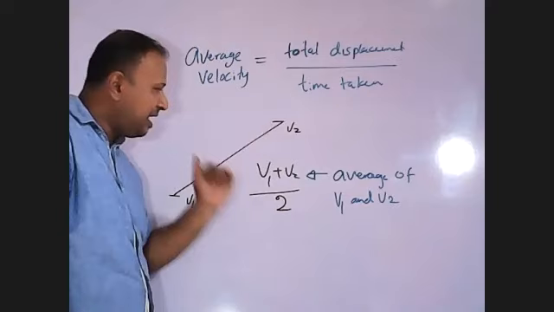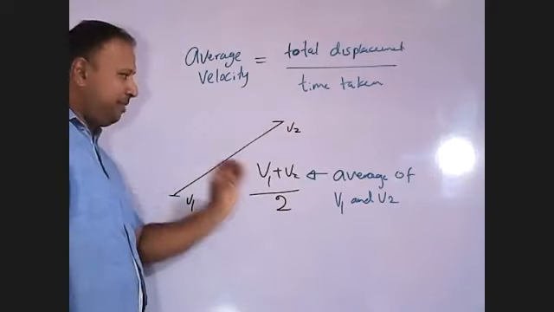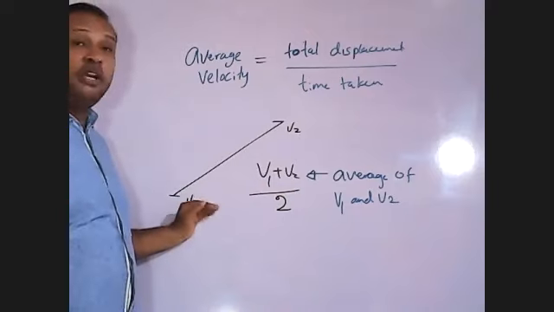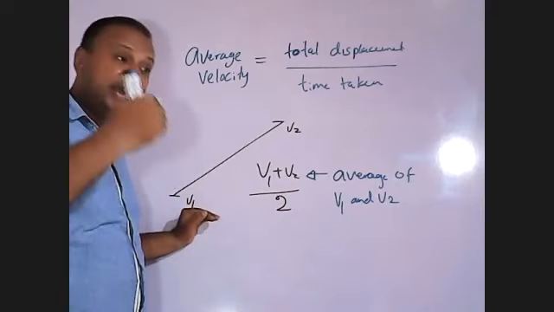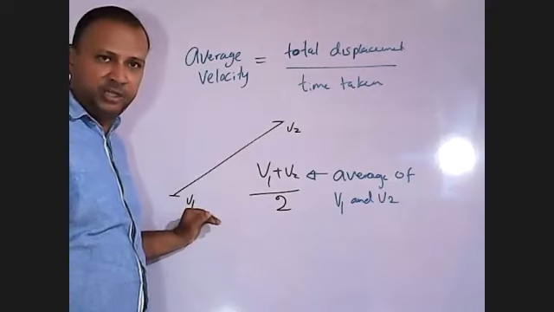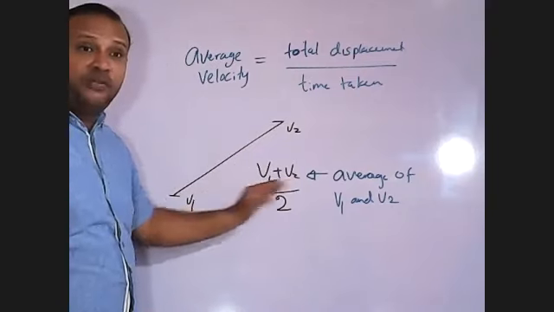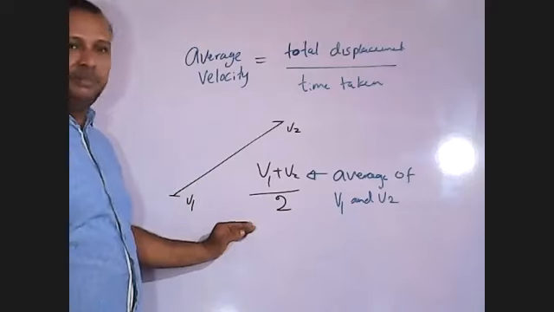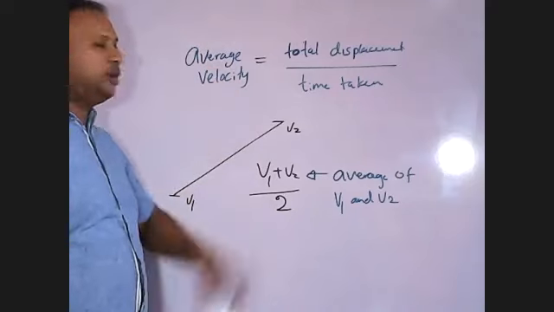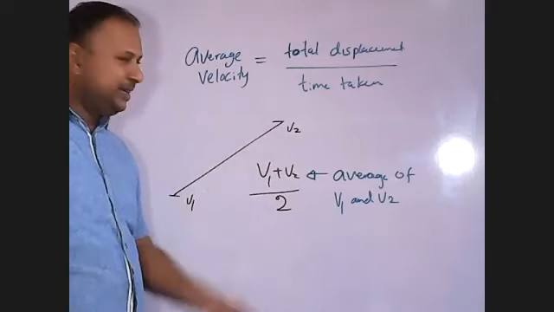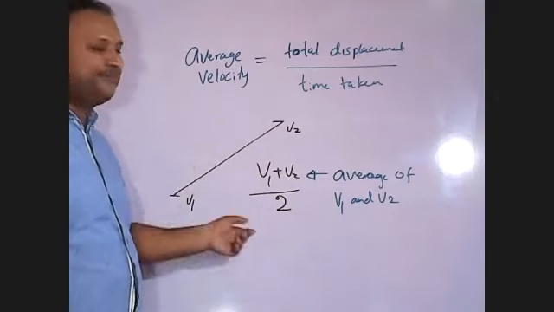But up to now you have to remember this. For a linear motion with a constant acceleration, the average of two velocities will be equal to the average velocity. That is the only case these two values are equal.